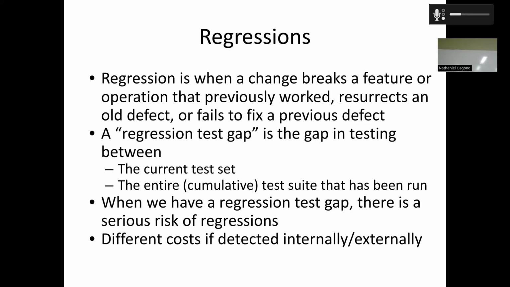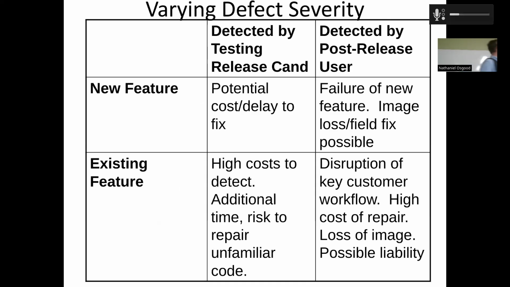And I want to highlight that when things that used to work stop working, that's really bad for the user, right? A user wants a feature, and it doesn't work properly, they may be disappointed, but their whole workflow doesn't depend on it.